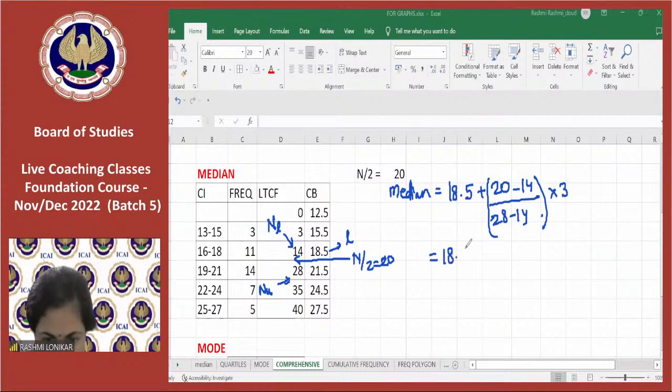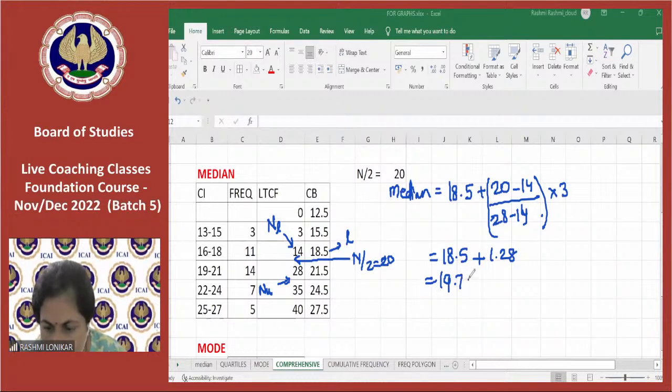So can we calculate: 18.5 plus, this is 6 into 3, 18, 18 upon 14, 1.28. 18.5 plus 1.28 is 19.79. Okay. Yes. Is everybody with me?